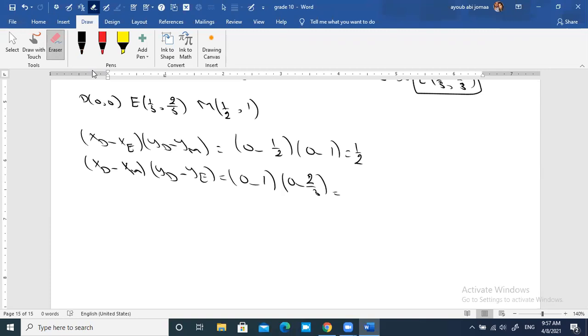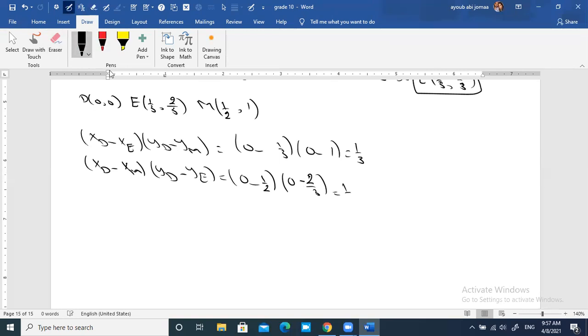X of M is 1/2, not 1. I made a mistake here. X of E is 1/3. So the answer will be positive 1/3. And here X of M is 1/2, 0 minus 2/3.